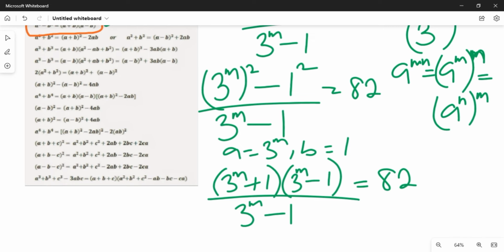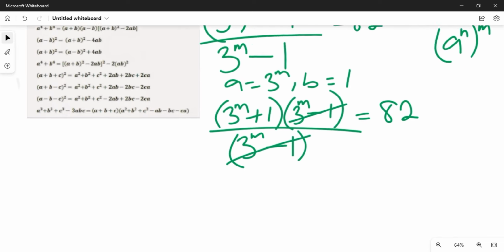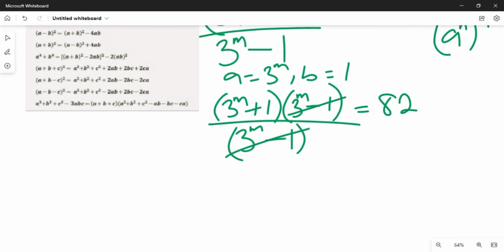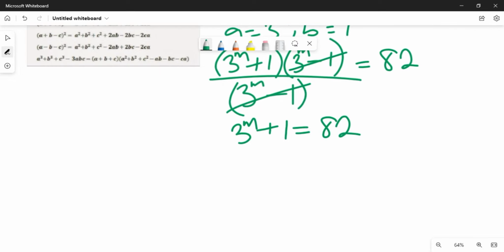Now we look at that we have a common term in the numerator and the denominator, and it is this term. This will cut this, and then we'll be left with one other term that will give us 3 raised to power m plus 1 equal to 82. So looking at this, simply we would have gotten our solution.